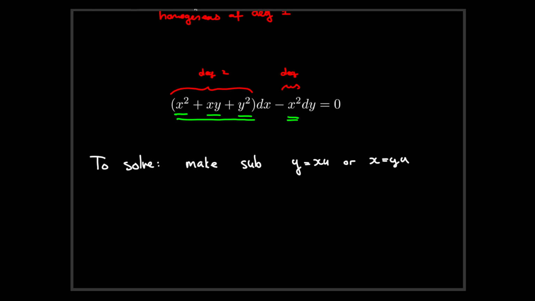Of course you can choose, it doesn't really matter which one you choose. You're free to choose whichever you prefer. In fact, after a bit of practice, one can see which is going to help a lot. Essentially, of the m and the n, whichever is less complicated, one should make the substitution according to the variable of the d in front of it. If what's in front of the dy is simpler, then this tends to be a good substitution.